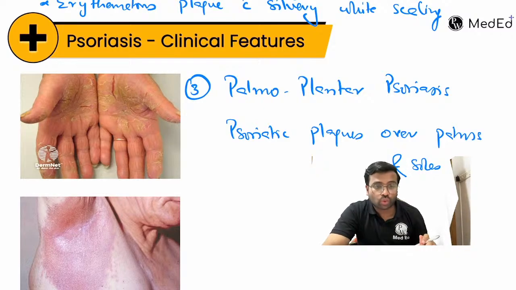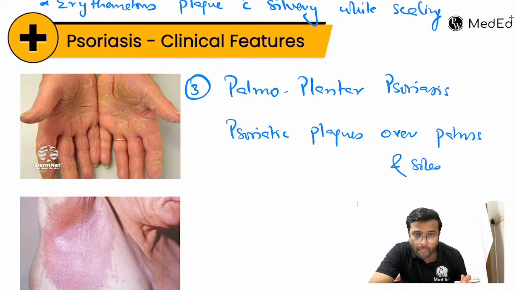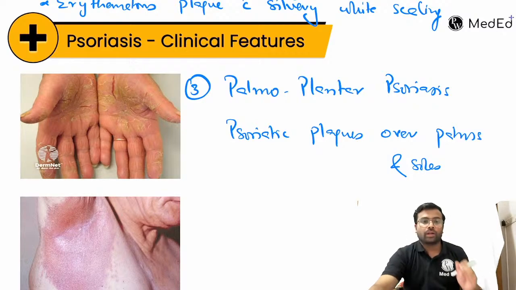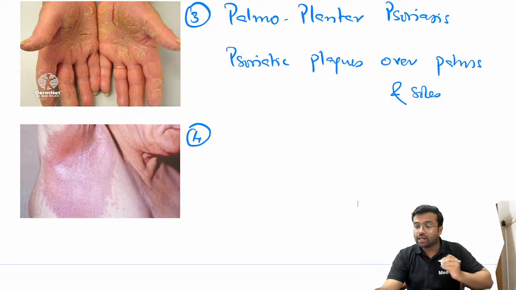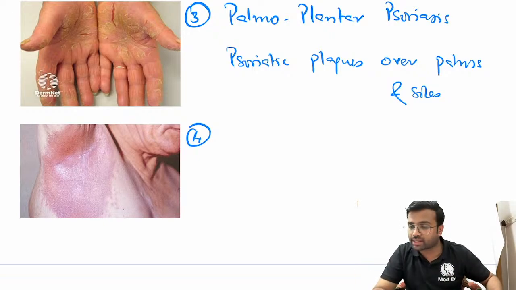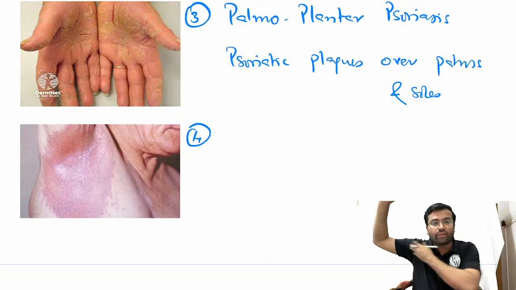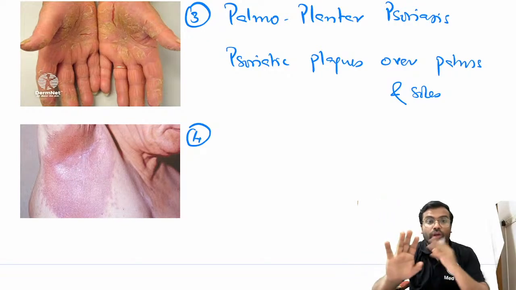Now moving to the next one. You can see that this is the fourth type of psoriasis. In the fourth type, this is the area where you can find the lesion, that is over the flexural surfaces, not the extensor.